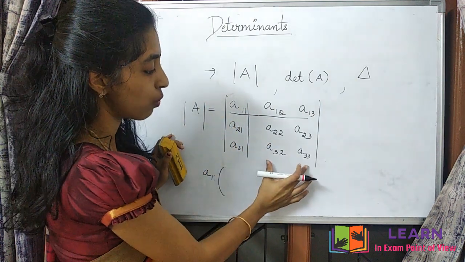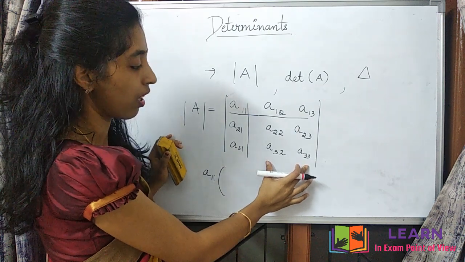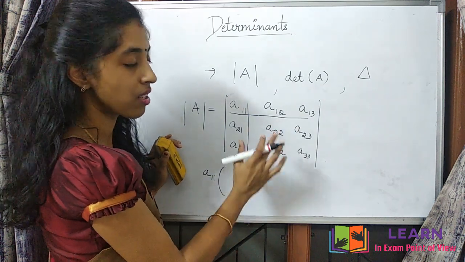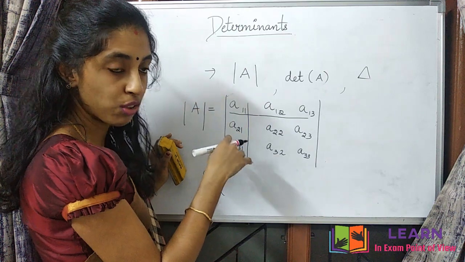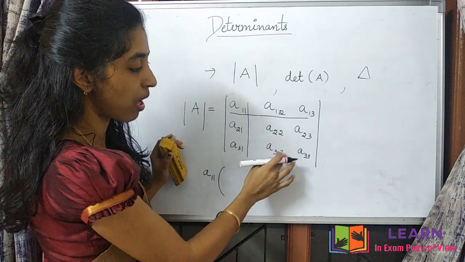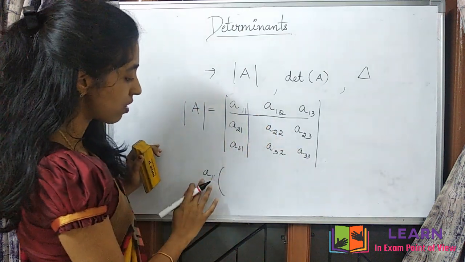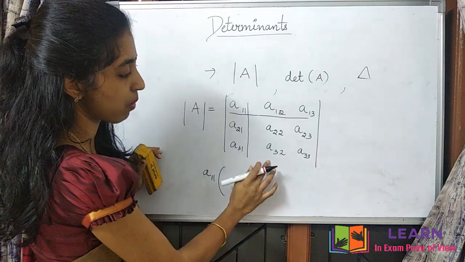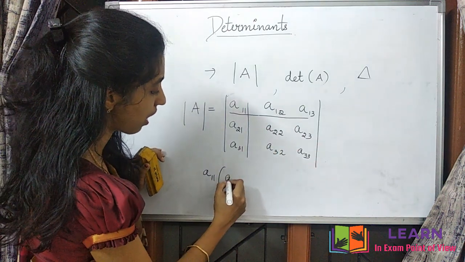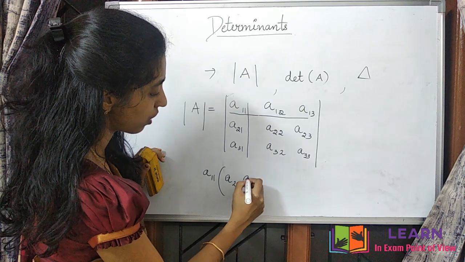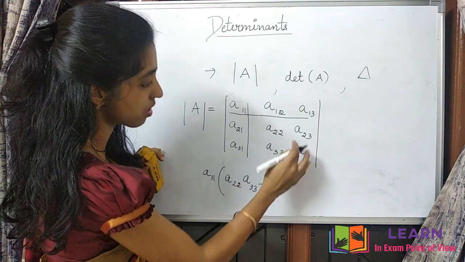Then you will get a 2 by 2 matrix here. Then do the operation similar to what we have done in the 2 by 2 matrix, that is this into this minus this into this. Clear? So for a11, its corresponding 2 by 2 matrix has a22 into a33 minus this two.